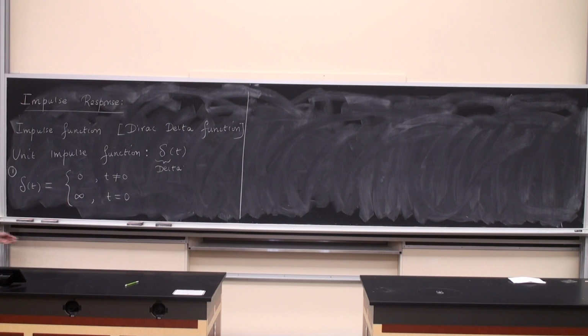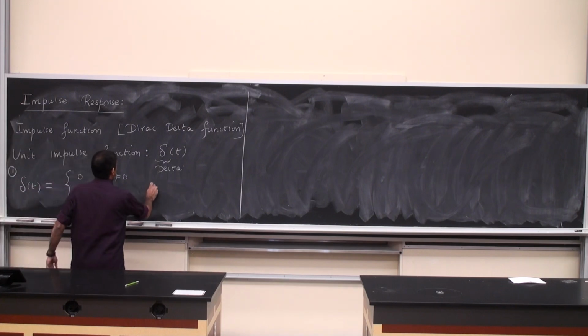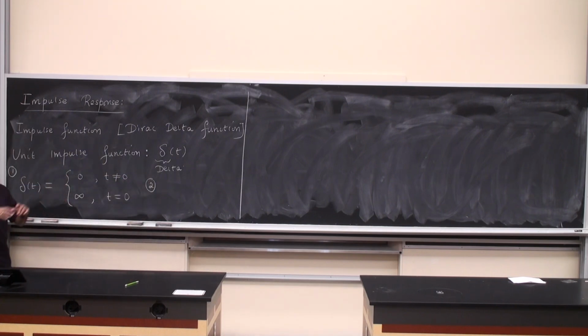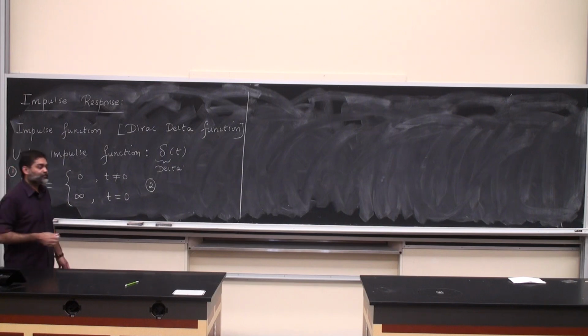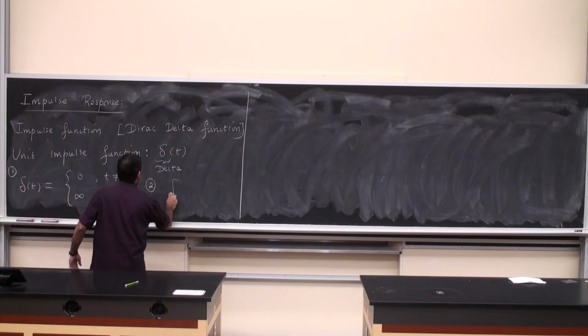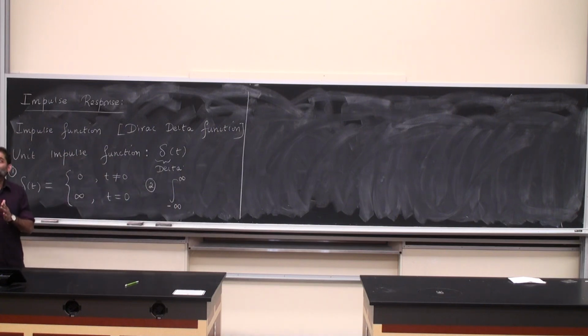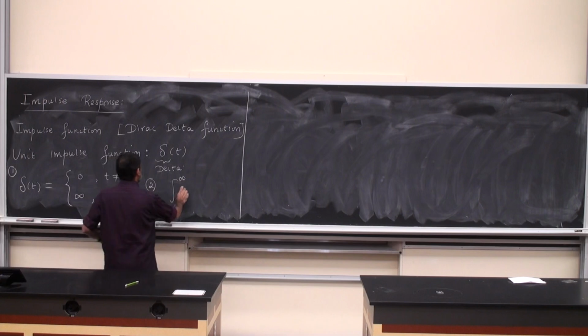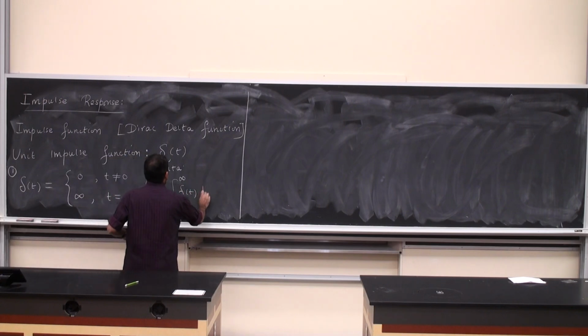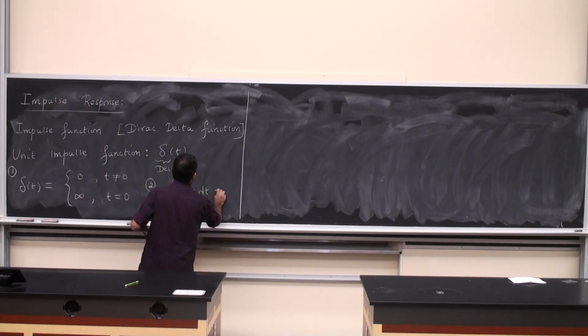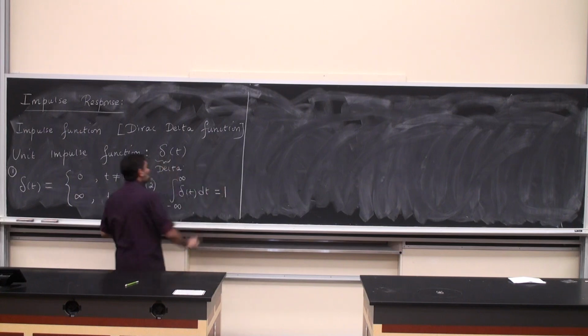The second thing that we will look at, and this is something that will spill out as we do the derivation of this function, is the integral from minus infinity to plus infinity, the limits being on time, of delta of t dt, is equal to 1.